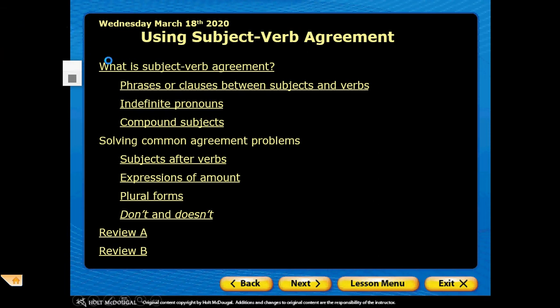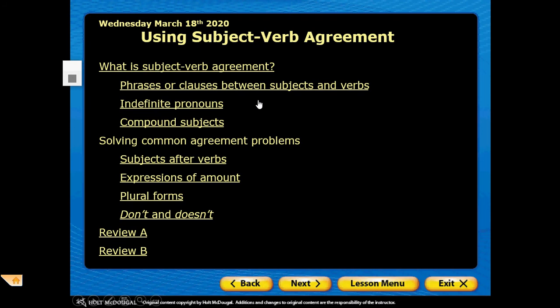We're going to start off with this sentence, then we're going to move to phrases or clauses between subjects and verbs, indefinite pronouns, compound subjects, solving common agreement problems, subjects after verbs, expressions of amount, plural forms, don't and doesn't.